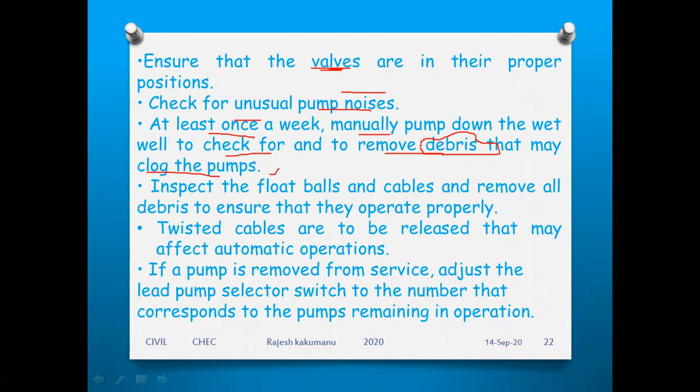Inspect the float balls and cables and remove all debris to ensure that they operate properly. So inspect the float balls. For example, float balls and cables. So general example, if you want to go to any western toilet కి వెళ్ళినప్పుడు మనకి పైన ఒక క్యాబిన్ ఉంటుంది. When you flush the water will go to the commode.